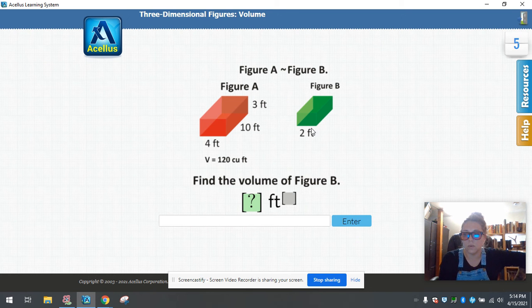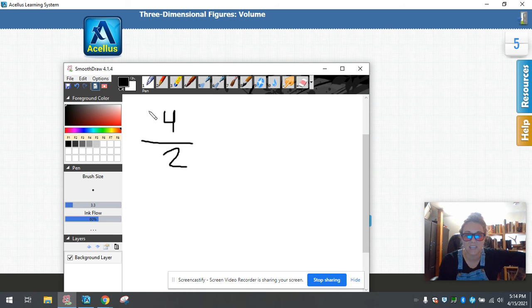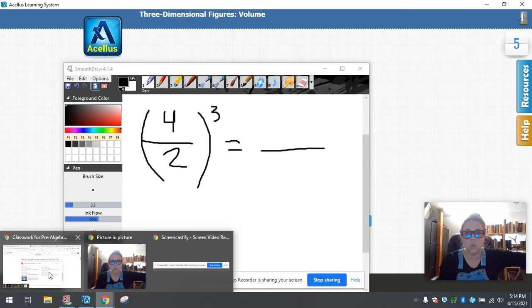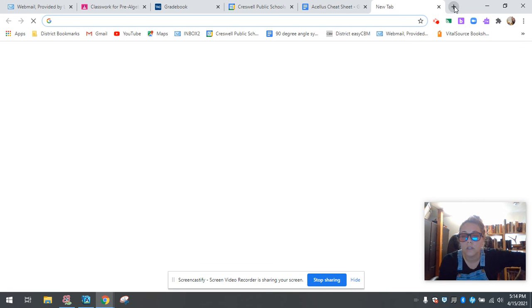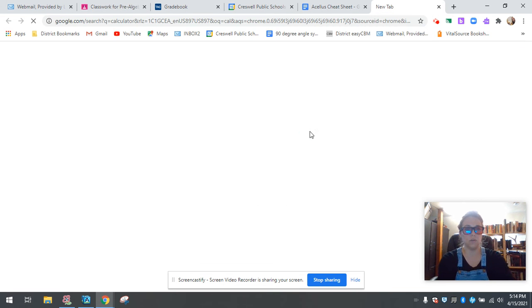Okay. Once I know the ratio, what I do to the ratio is I cube it, or I put both of these numbers, the numerator and the denominator, to the power of 3. Now, what that exponent tells us is to multiply the base, 4, by itself 3 times. So this means 4 times 4 times 4, which you can put in your calculator that way, or you can put in your calculator using exponents, which is what I'm going to do.